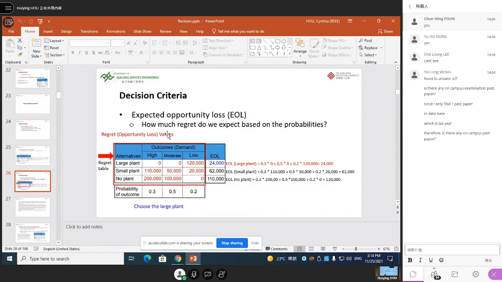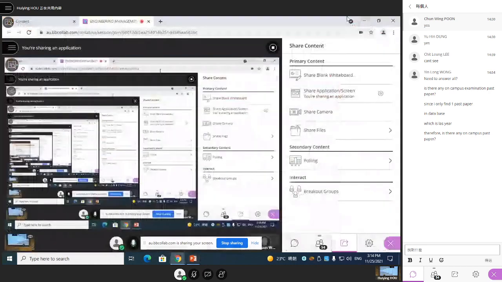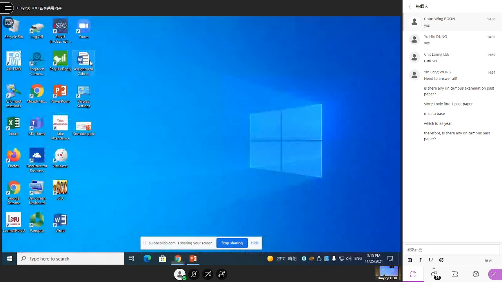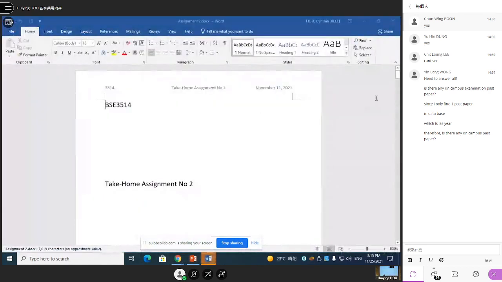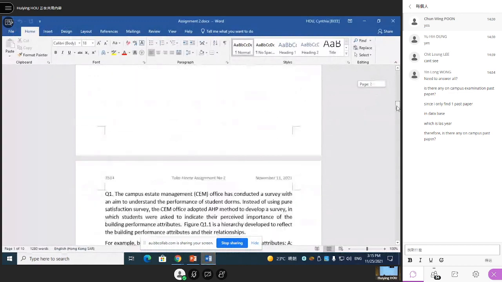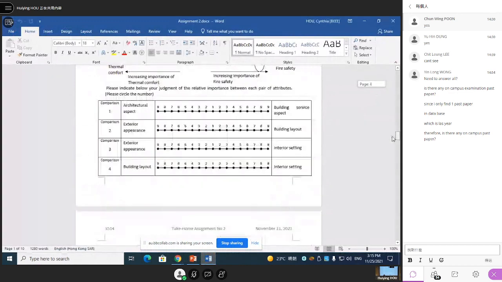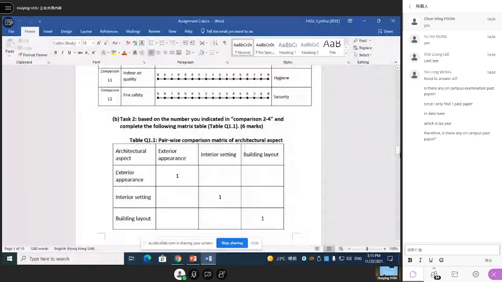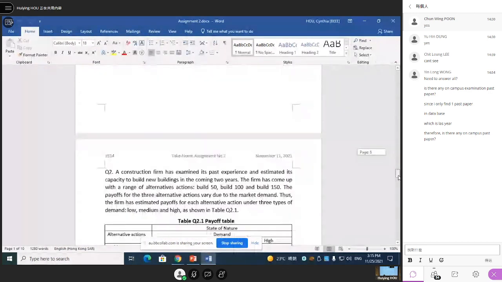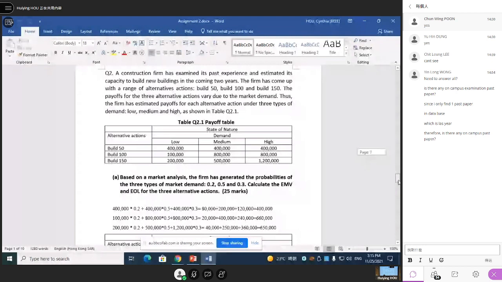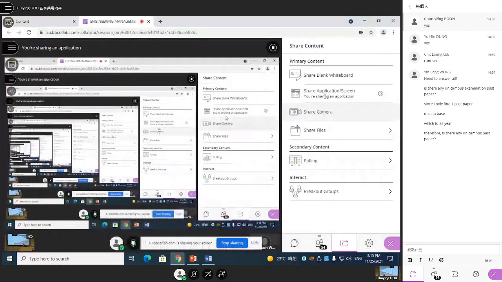I will not do that, but I'm going to talk about it here in this lecture. For question 2, you're asked to calculate EMV, EOL, and EVPI. Let me share the screen here.